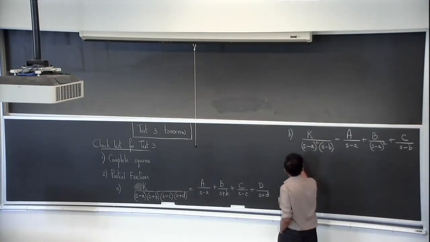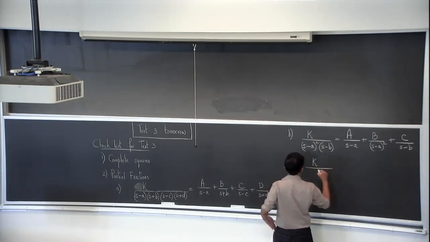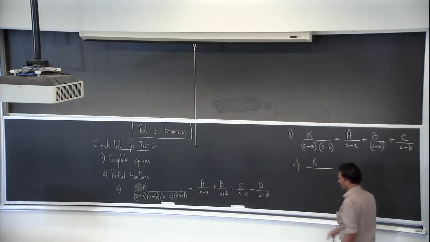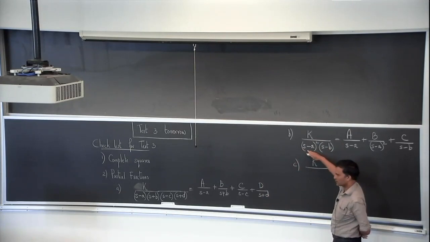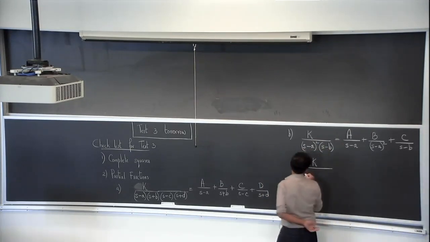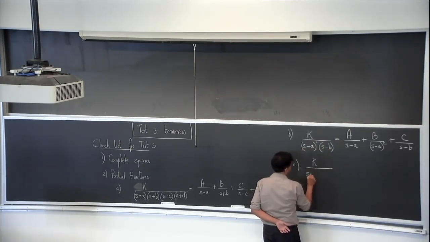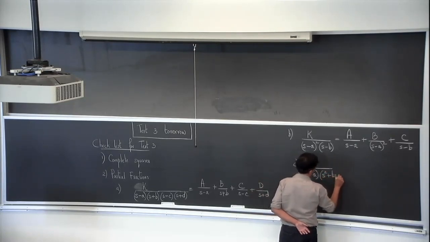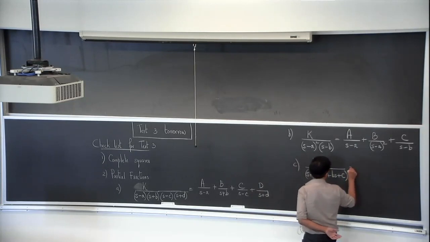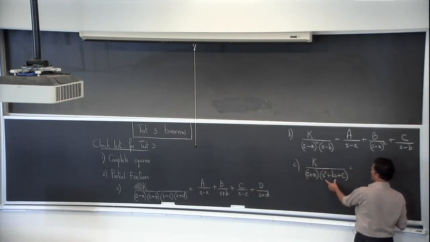If you have a quadratic, I'm keeping the numerator as k just because I'm not being very creative about what could be there. But that could be anything which is not of a higher degree than the denominator. So if you have, say, s plus a times s squared plus bs plus c, that's a term in degree 2.